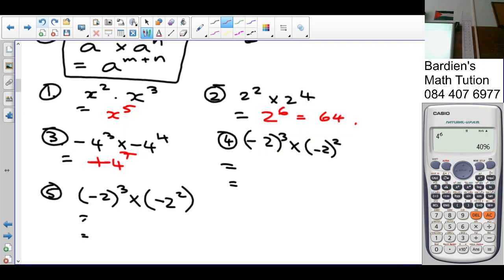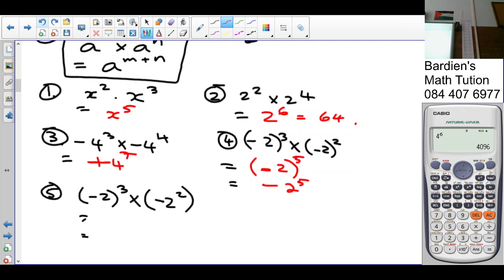So what would this be? Negative 2 raised to the exponent. You leave it like that, or, negative to an odd exponent will always be negative, so negative 2 to the 5.